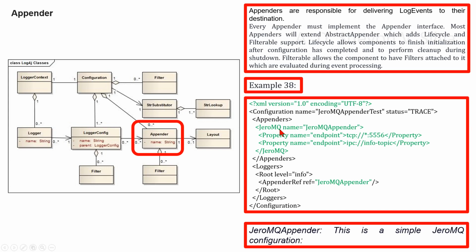This is a sample JeroMQ configuration. JeroMQ parameters. Name, a string, the name of the appender, required.